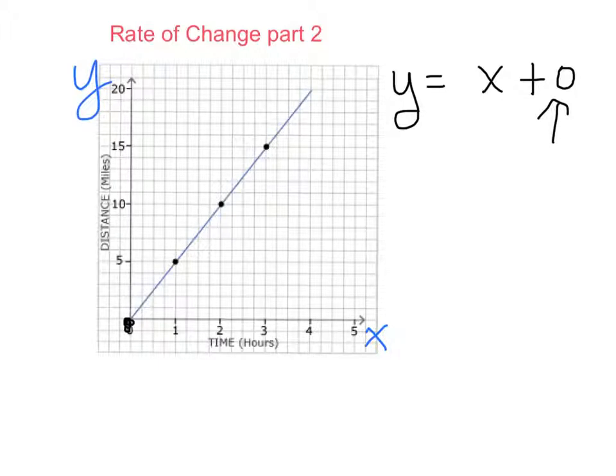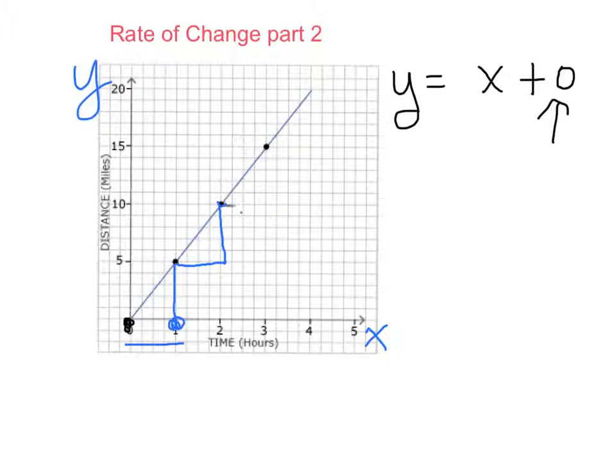Okay, so looking at the amount of change, when x changes from 0 to 1, right here, the value of y goes up from 0 to 5. And then as x changes from 1 to 2, the value of y goes up 5, from 5 to 10.